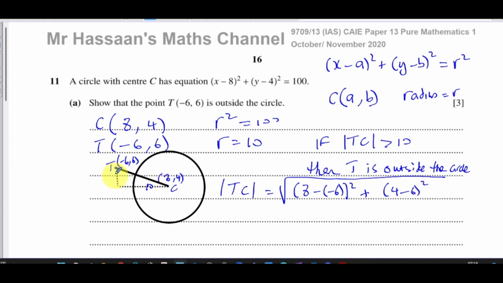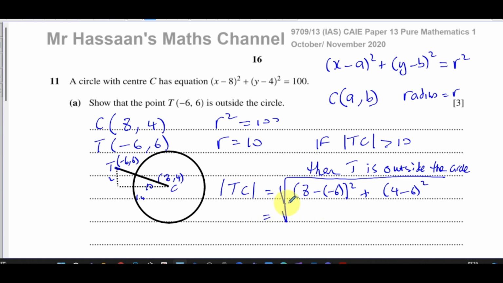So that's the distance between those. We can see that this distance here is basically 14 units, and this is 2 units. So we're using Pythagoras. This is exactly what it's going to give us.